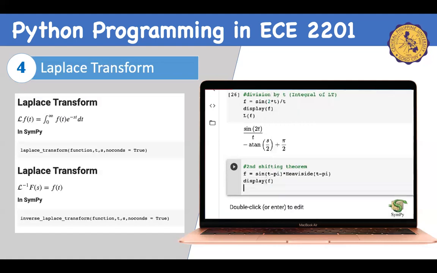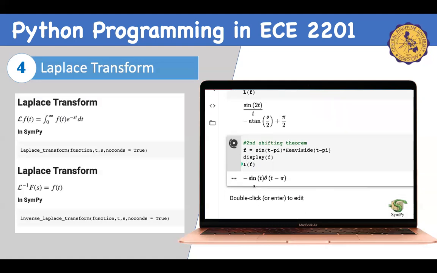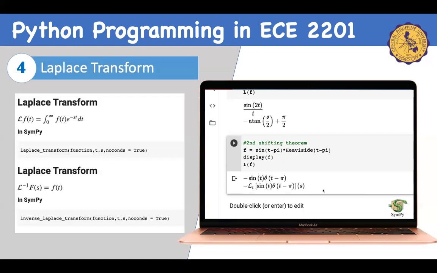So we are going to display it, and then we are going to take the Laplace transform. All right, so there you go. That's the displayed function. And oh, it will take a while. So let's just wait now for the Laplace transform of the Heaviside function. Oh, there you go. It's the same. It's just the Laplace transform.